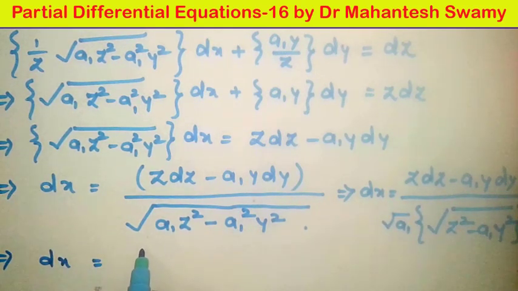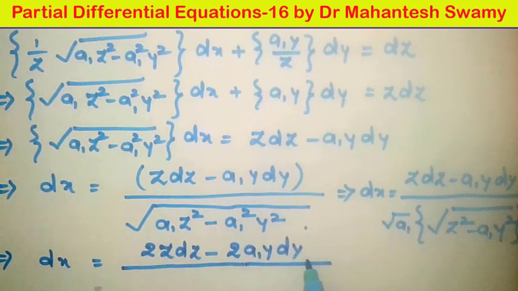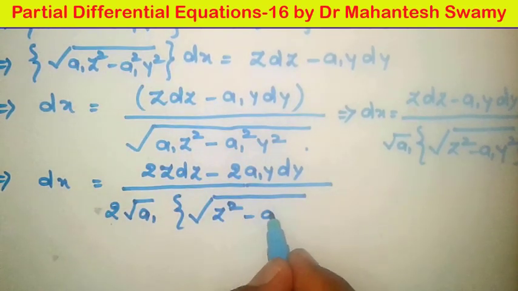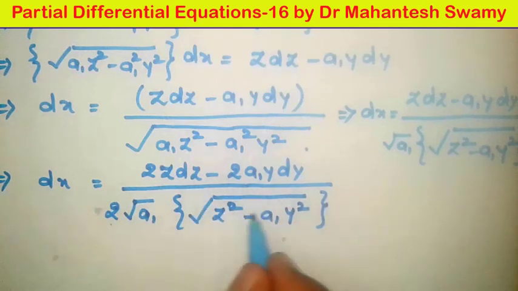That is 2z dz minus 2 into a1y dy divided by, so we have multiplied by 2, let us divide by 2 here, and then the remaining things are to be kept, root a1 as it is into square root of z square minus a1 y square as it is. So we are having this thing.